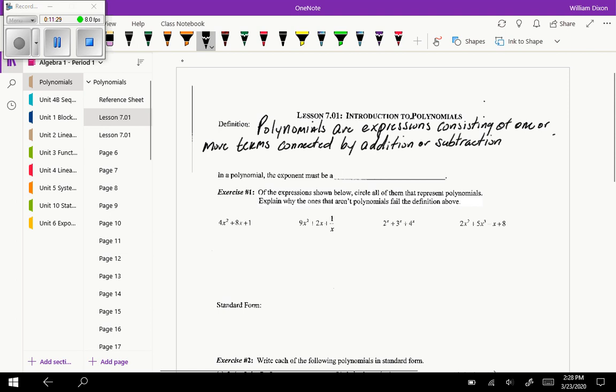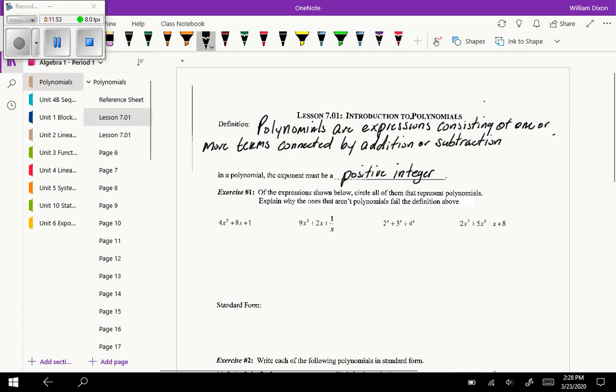All right, and in a polynomial, something very important is the exponent must be a positive integer. All right, must be a positive integer. All right, so that's important.